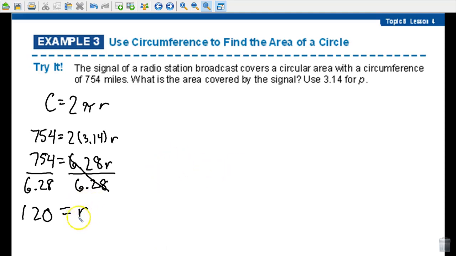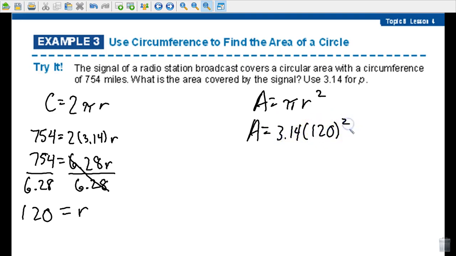So now that we know r equals 120, we can plug it into our area formula, which everybody should know is pi r squared. So area equals pi, 3.14, times 120 squared. Once again, that is 120 times 120.